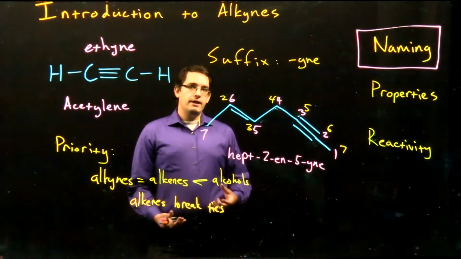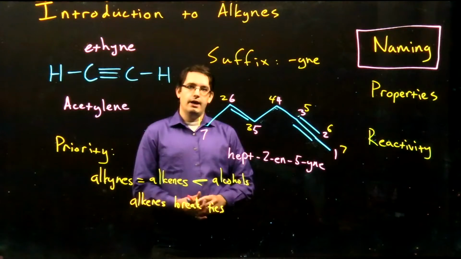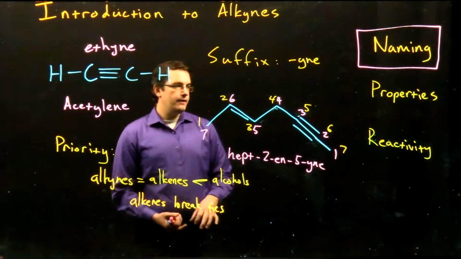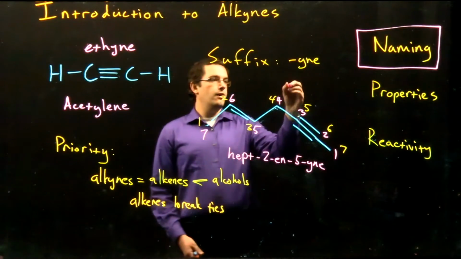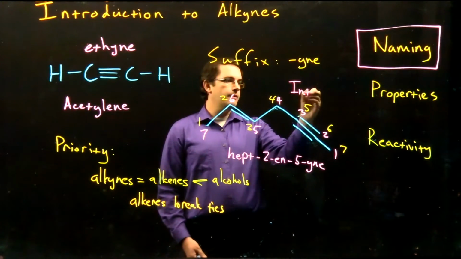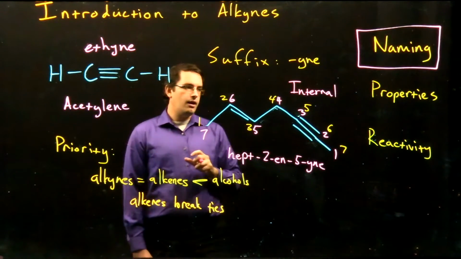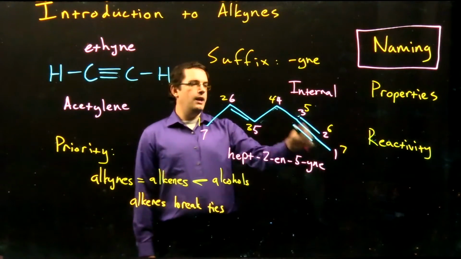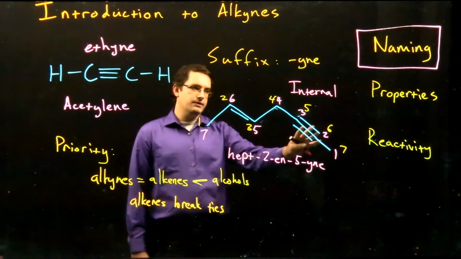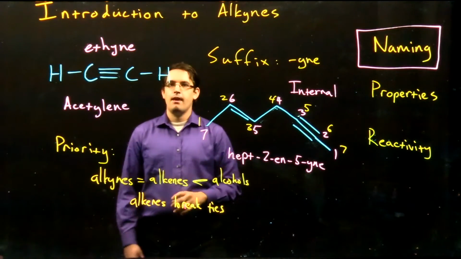Now in the case of our alkynes, we also have an additional classification we can use beyond our standard IUPAC nomenclature. And this is either terminal or internal. So an internal alkyne is an alkyne that sits inside of our carbon chain, right? So it has bonds to carbons on either side, and it's in the middle of our sequence of carbons, such as our example shown here.